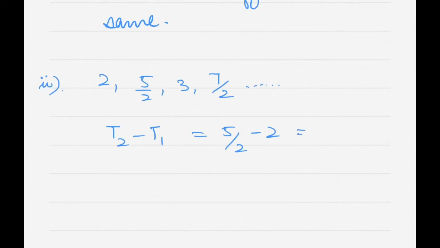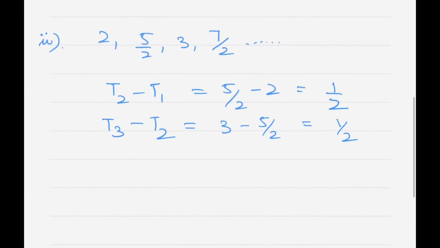I know 5 by 2 is 2.5, so 2.5 minus 2 gives me 0.5, or in fractions I can write half. Now T3 minus T2 will be equal to 3 minus 5 by 2, so 6 minus 5 over 2, which is 0.5.